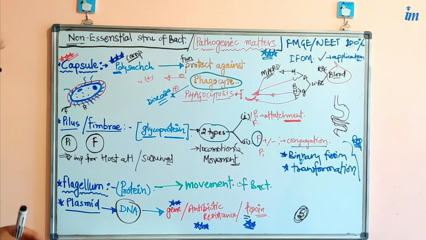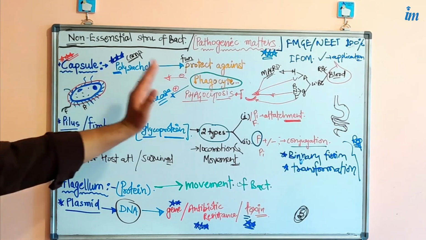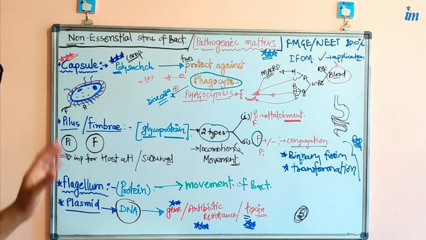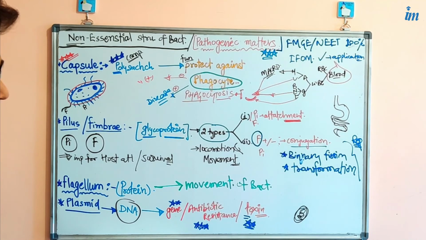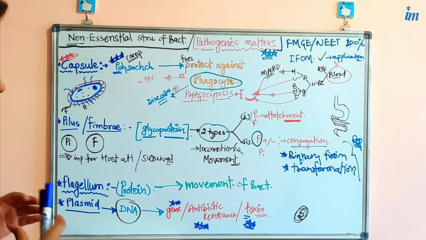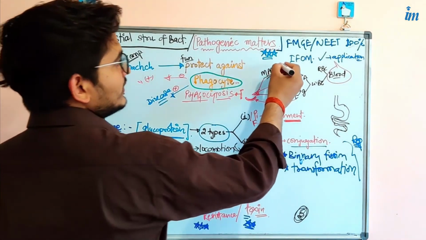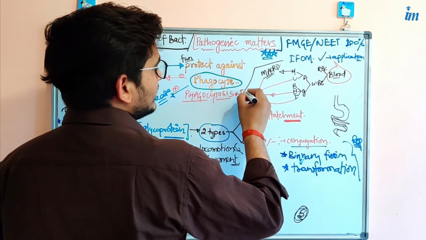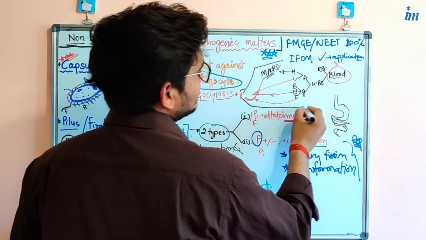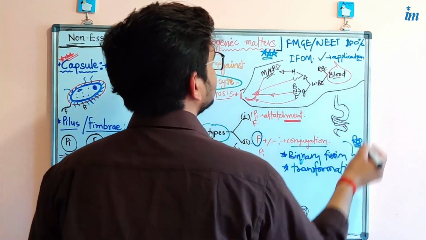So today I have covered the capsule, pilus and fimbriae, flagellum and plasmid as non-essential parts of the bacteria. Keep in mind everything where I have mentioned the star. It is very important from the question point of view. Just don't make it so confusing for yourself.